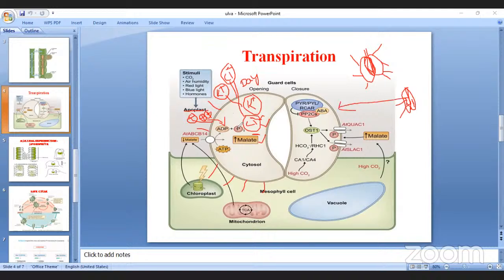The force of the water, because the water flow is increasing in the guard cell, automatically opens it. Is it clear first? Yes, sir. Any doubt in this? No, sir. Right.